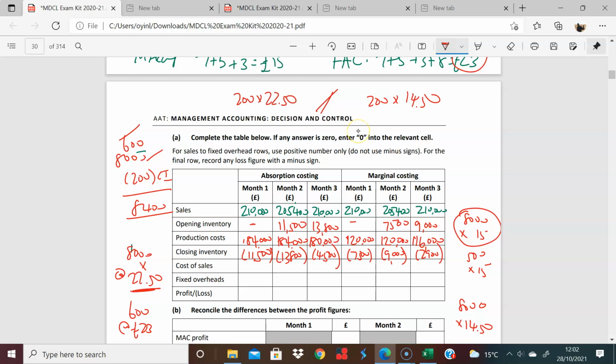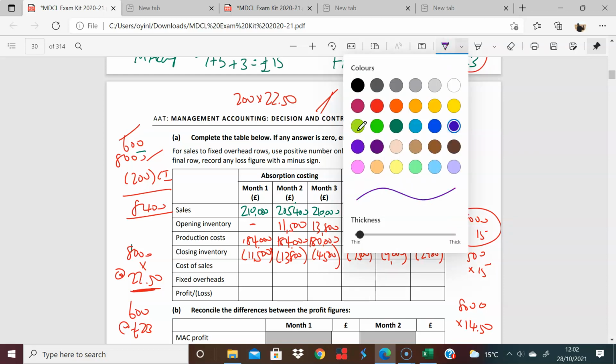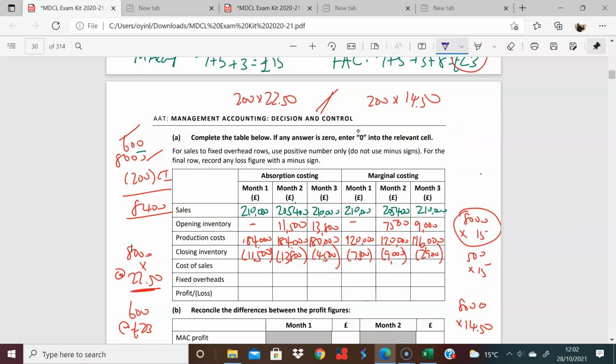Wow, quite a lot, like I said, there's just a lot of it. Now we just literally need to calculate our cost of sales. So our cost of sales here is, what do we see here?